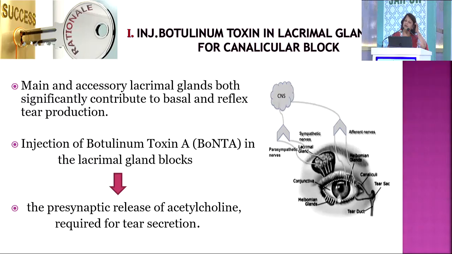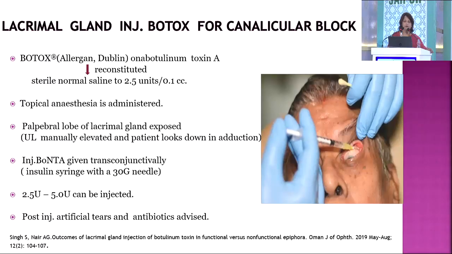Botulinum toxin injection is not very common, but can be done by an oculoplasty surgeon as well as a general surgeon in cases of canalicular block, in which we inject botulinum toxin in the lacrimal gland. It blocks the presynaptic release of acetylcholine, which is required for tear secretion, and hence it helps in the watering process. And it's a very simple procedure which can be done under topical anesthesia.